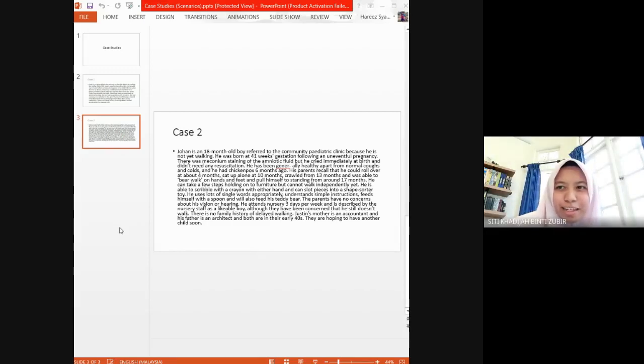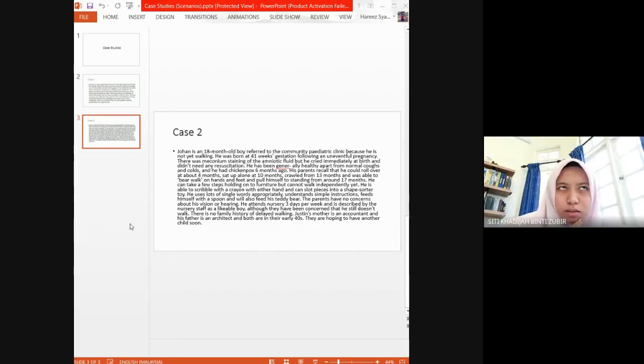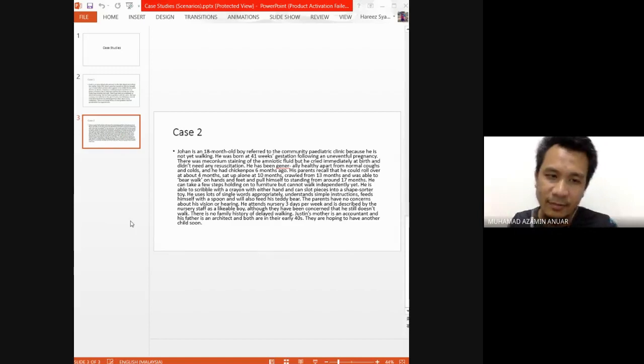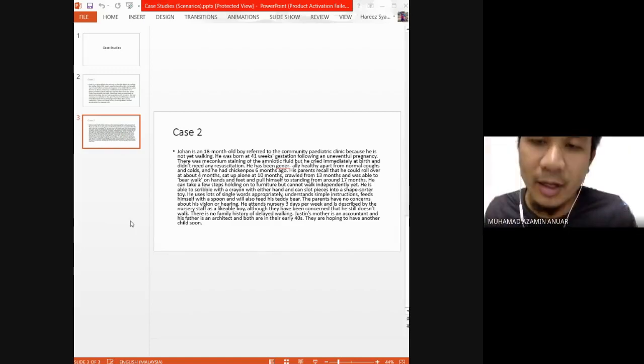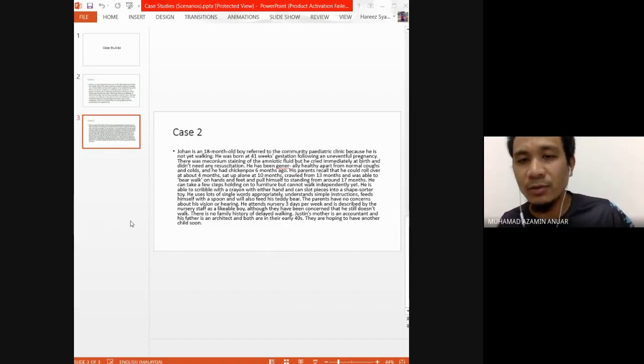A bit delayed. Should start at 6 months, nine. So crawling should happen earlier. As soon as you are sitting up, then you expect the child should be crawling as well. If they sit up by 6, 7, 8 months, then they should be able to crawl by about 7, 8 months old as well.